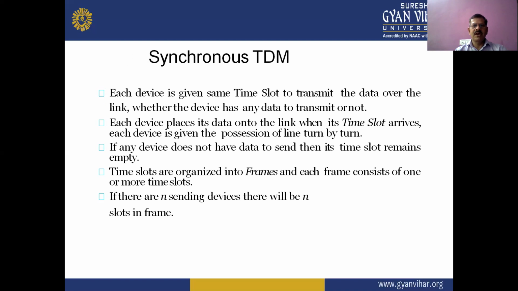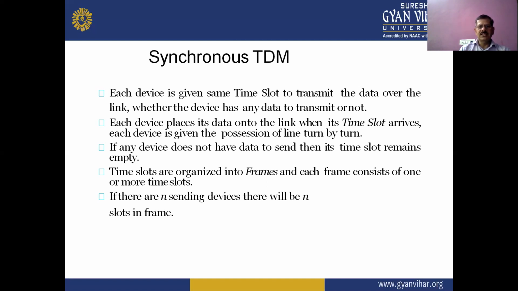In TDM, each device places its data onto the link when its time slot arrives. Each device is given the position on the line turn by turn. If any device does not have data to send, its time slot remains empty. Time slots are organized into frames, and each frame consists of one or more time slots in synchronous TDM systems.